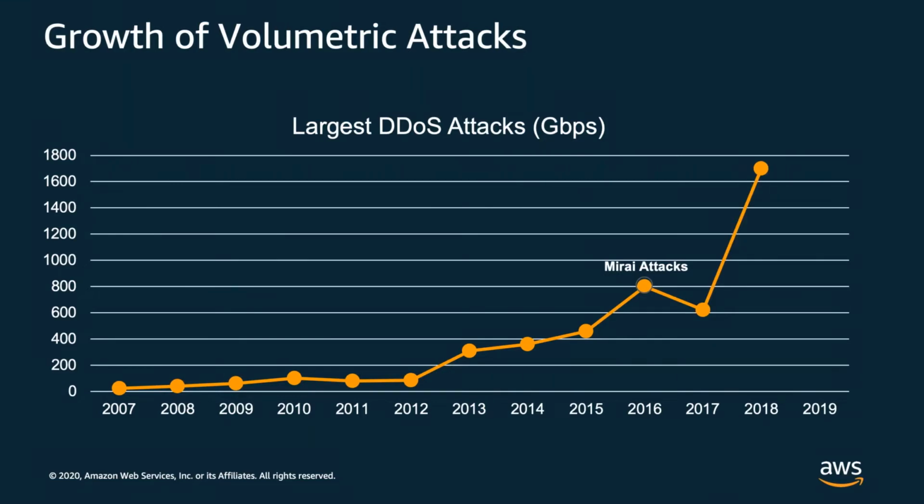This almost doubled to just over 1,600 gigabits per second with the memcached attacks around 2018. And since then, as operators around the internet patch their servers for open memcache servers, this has reduced somewhat. In the first quarter of 2020, we observed an attack in excess of 2 terabits per second, and we'll soon be blogging a little bit about that.